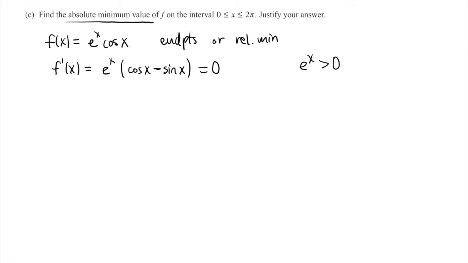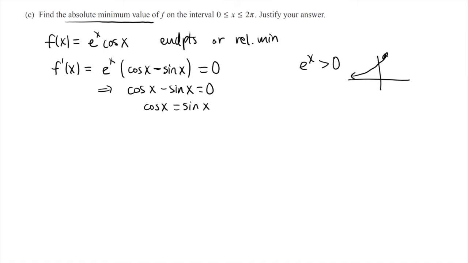In fact, it's always positive. You can see this by looking at its graph. So we could divide by e to the x on both sides. It's never 0. So this is only going to be 0 if cosine x minus sine x is 0, which would say that cosine x has to be equal to sine x.